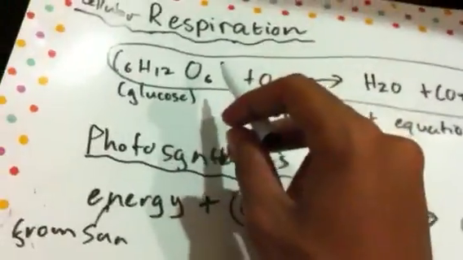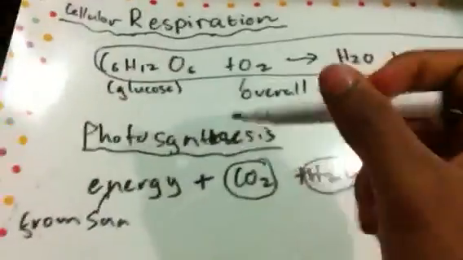That's why we have to water our plants. So you can see that cellular respiration and photosynthesis are exactly the opposite, in that the reactants of respiration are the products in photosynthesis and vice versa.